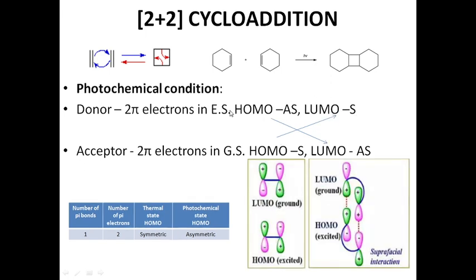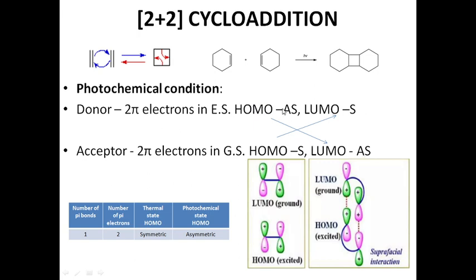In photochemical condition, one goes into excited state and the other one remains in the ground state. The donor which goes into the excited state, HOMO becomes asymmetric, LUMO becomes symmetric. The acceptor, HOMO becomes symmetric and LUMO is asymmetric. And the interaction will be between HOMO and LUMO.